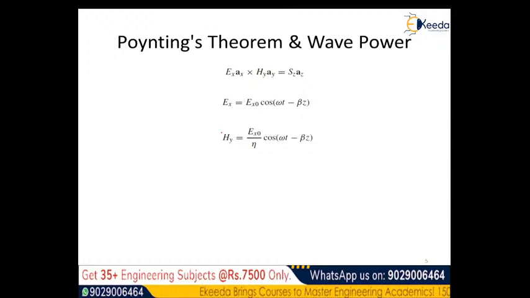So we have the power density amplitude in terms of S suffix Z. S suffix Z is equal to the square of Ex0 divided by eta into cosine square of omega t minus beta z. So it is the cross multiplication of the earlier two representations.